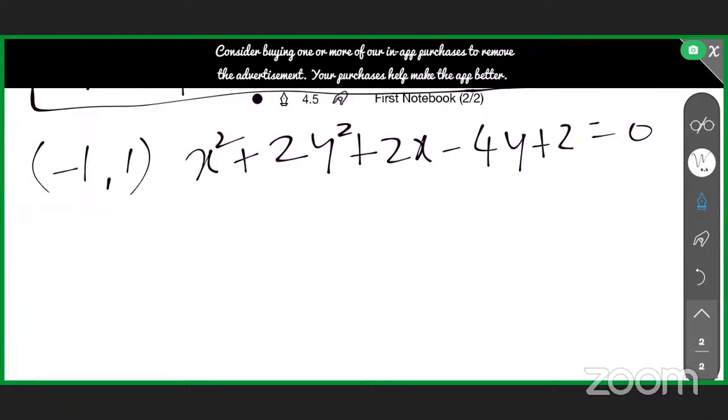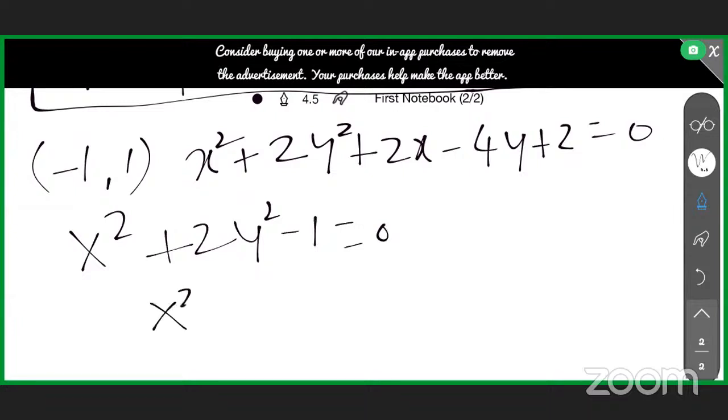Look at the equation. The equation is different from the previous equation. We have learned different corollaries. x square plus 2y square minus 1 is equal to 0, sir. Very good.